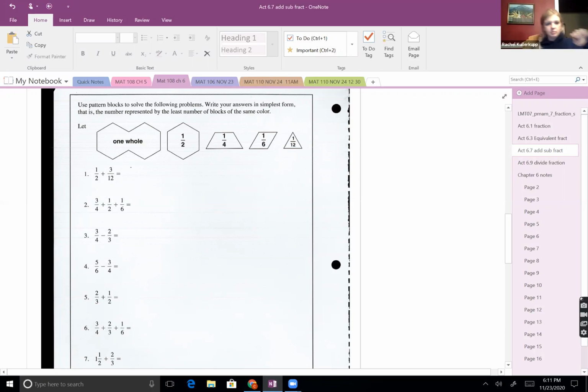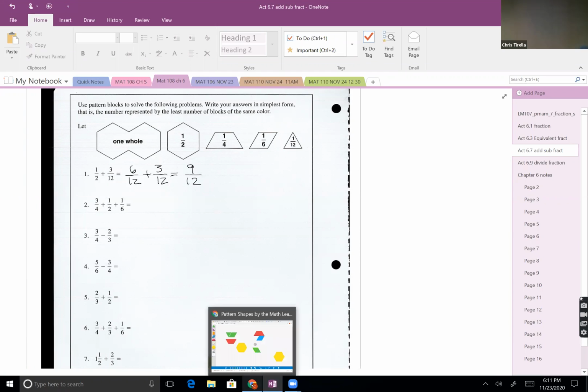So we could say that's 1/2 plus 3/12 is 6/12 plus 3/12. And so when we add that, we would get 9/12. And now let's see, how could we think of that as expressing it in lowest terms?